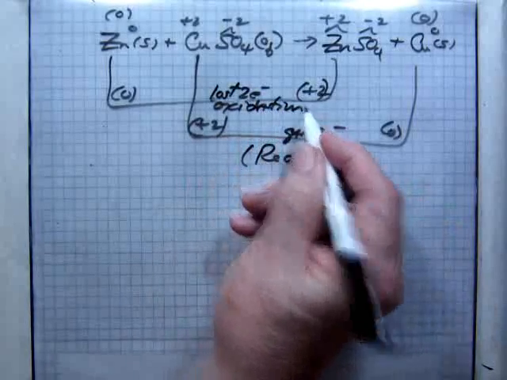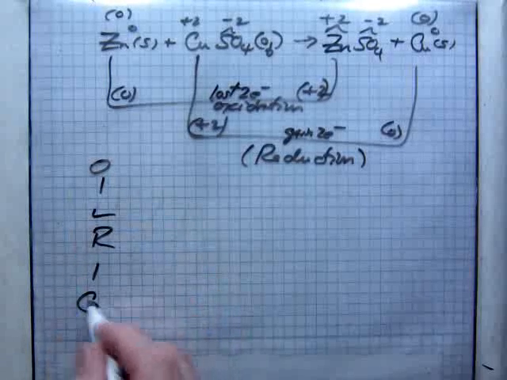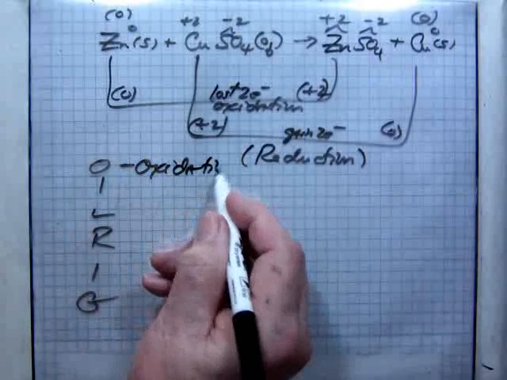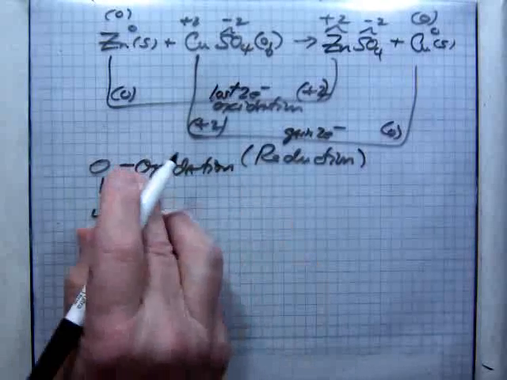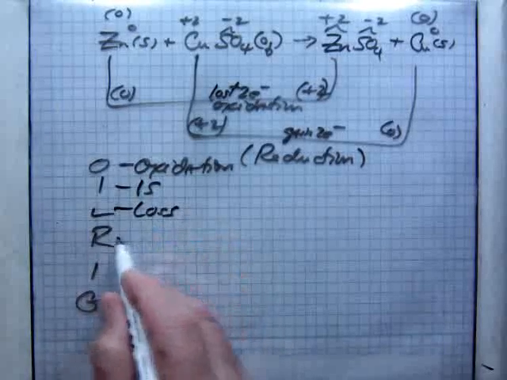It's easy to remember this with the acronym OIL RIG. Oxidation is loss, reduction is gain.